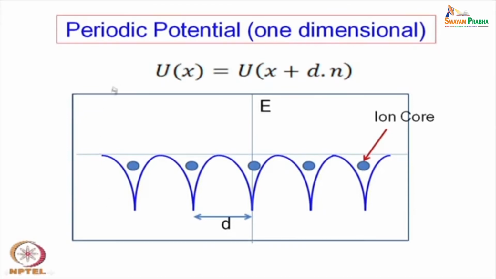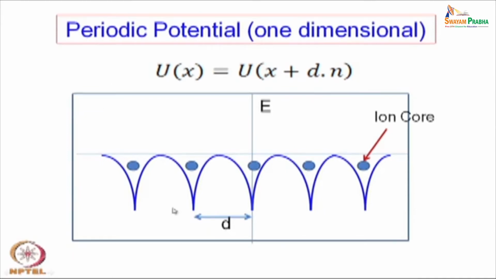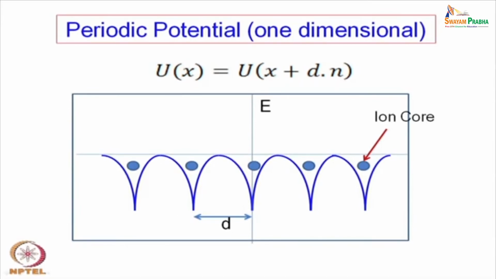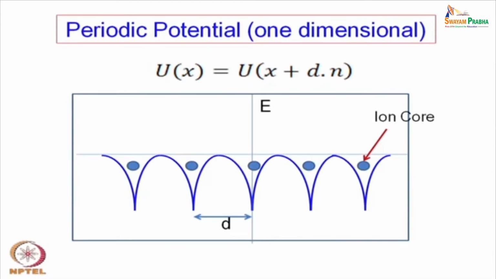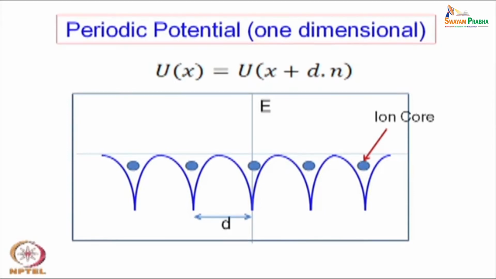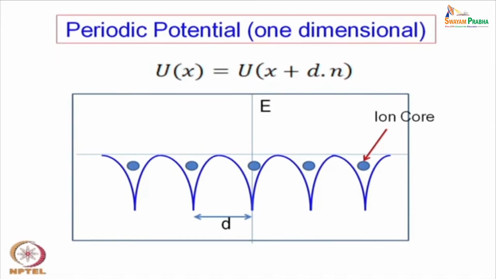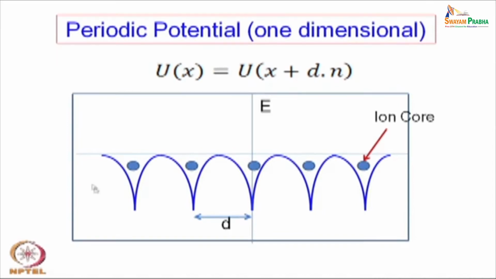This is what they call a periodic potential, one dimensional. Once again it can be considered one dimensional or three dimensional, and three dimensional solutions are much more difficult. However, people have tried one dimensional problems and solved them to find the ultimate effect.